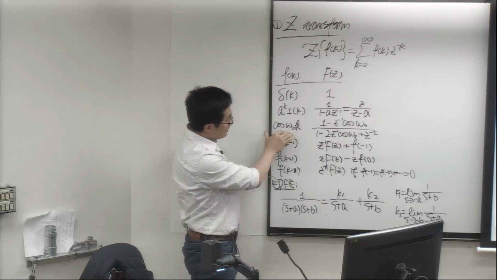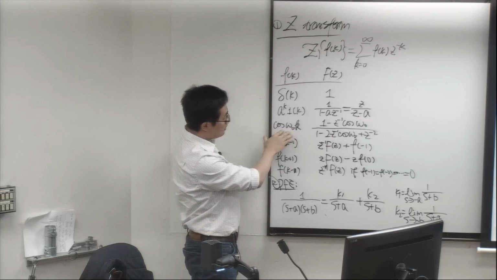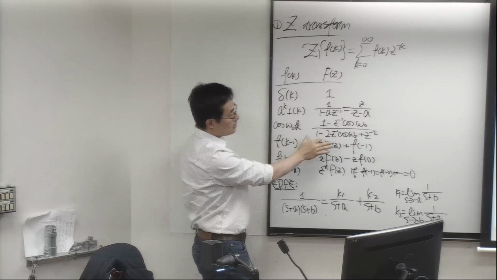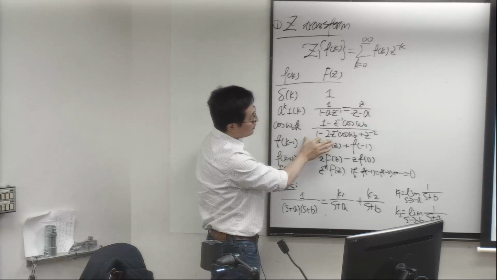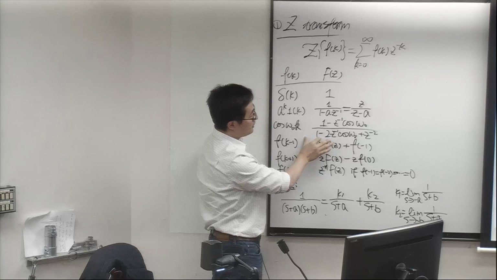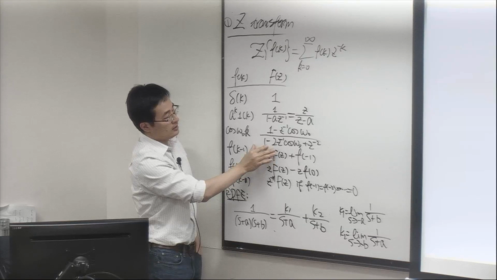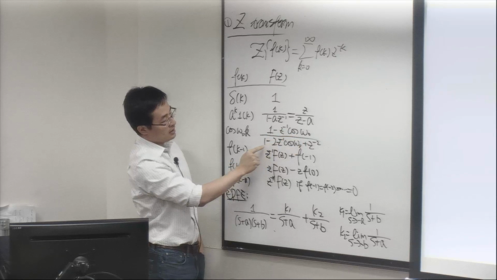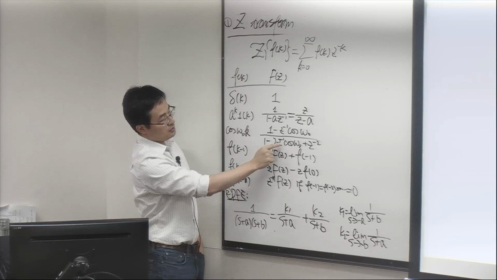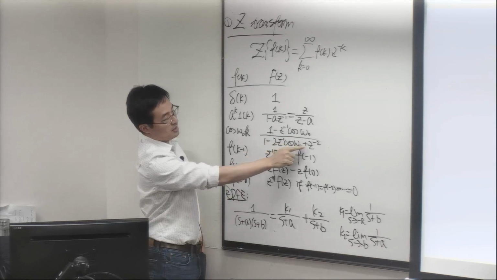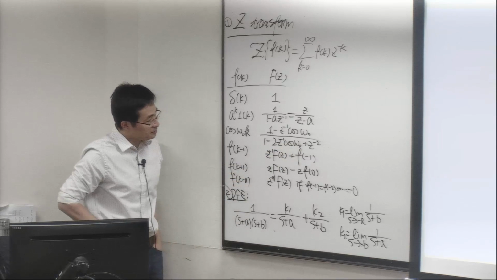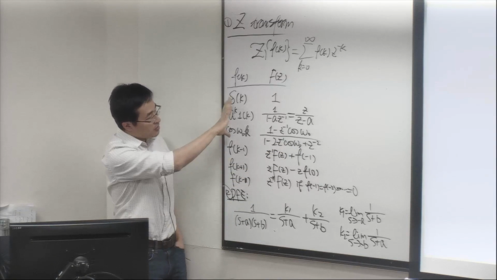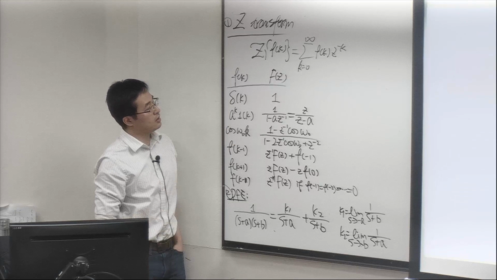We did in class how to do the cosine case. Cosine omega 0 k is a second order rational function of z in the Z domain. So it's 1 minus z to the power of negative 1 cosine omega 0, over 1 minus 2z to the negative 1 cosine omega 0 plus z to the power of negative 2. These are the common useful pairs of the Z transform.